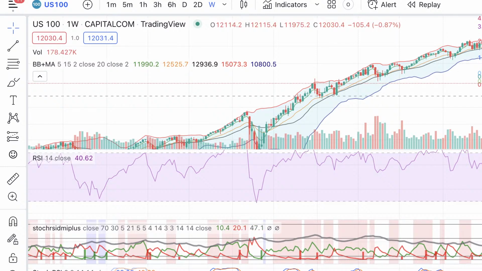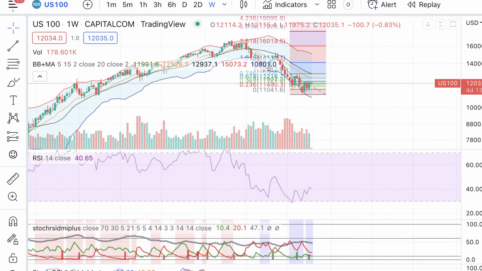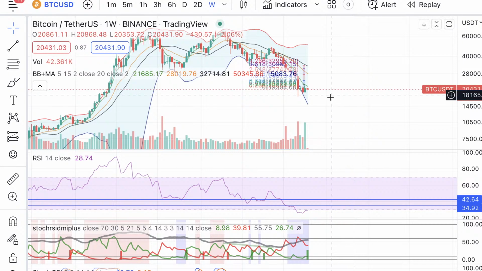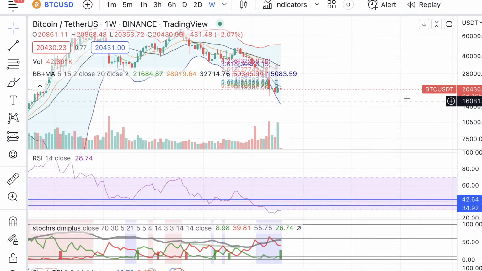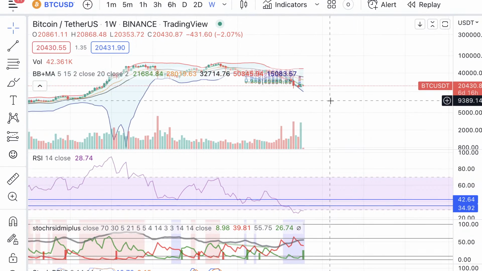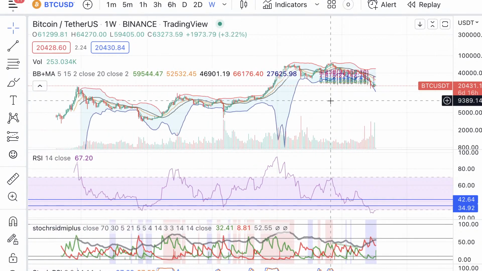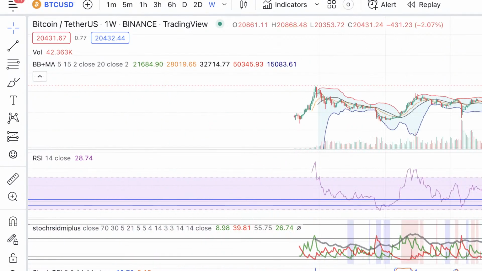So this is so interesting, guys. It's the weekly time frame on the US index and also Bitcoin, I find very consistent, extremely reliable with this kind of strategy that I have going on.